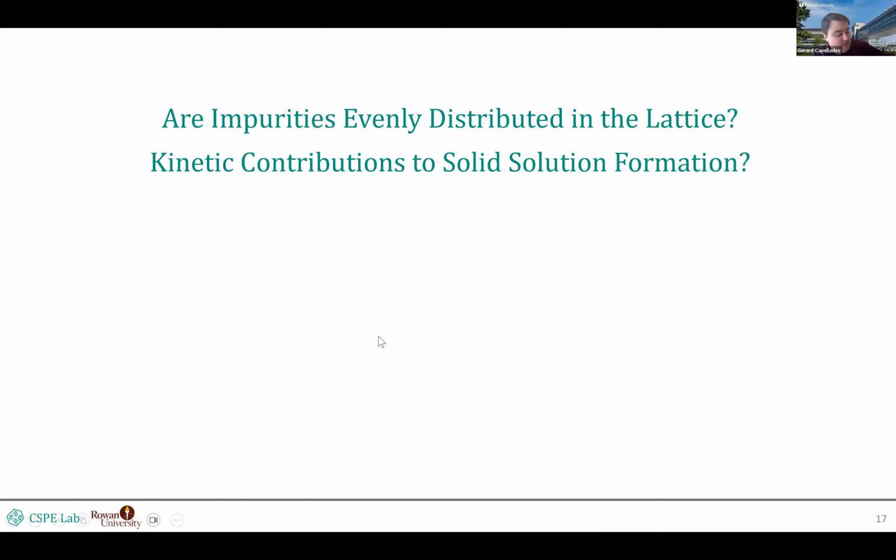Now, one of the questions that I would have when I see all these papers and work with these collaborators is that we're mostly working with a white powder mixing with a white powder impurity, right? And one of the things that you notice when you go back to metallurgy is that kinetics are very important. Kinetics are going to define the overall spread of, let's say, carbon within the lattice of steel, right?